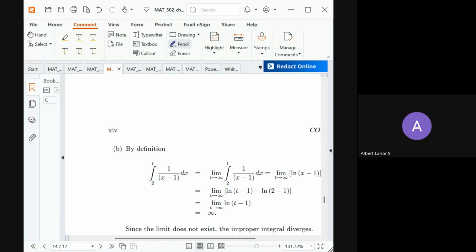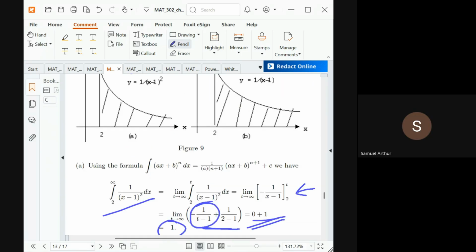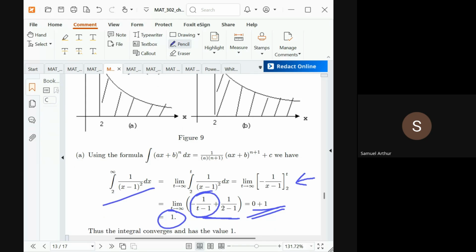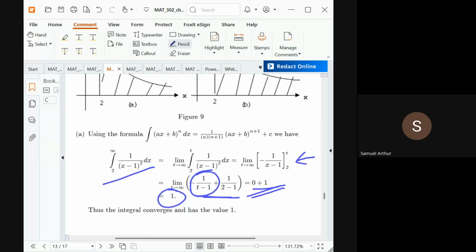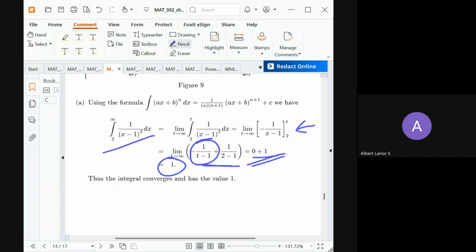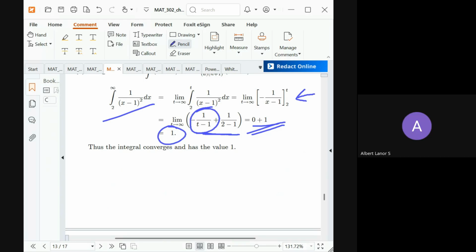Now, you substituted the infinity for t, and you found 0. You find the limit of 1 over t minus 1 as t goes to infinity. So what you do is that you substitute the infinity.